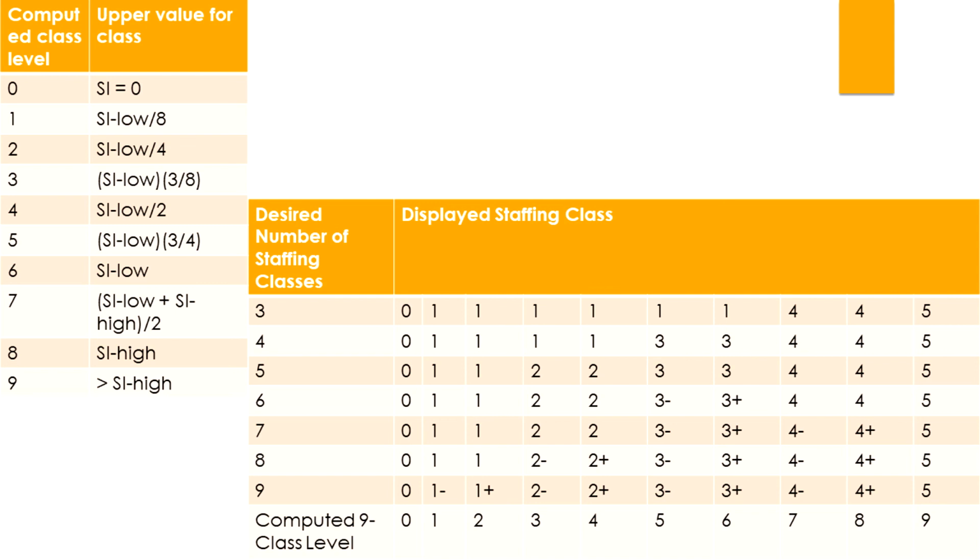So the staffing index high, all the way up to your highest breakpoint, down to the average of your high and low breakpoint. So somebody totally made this up. That's what you need to know.